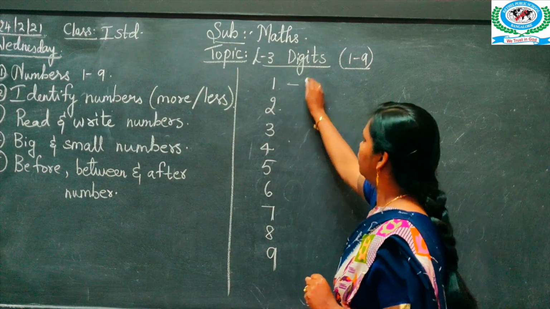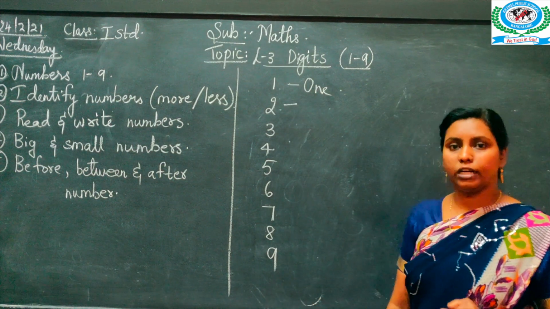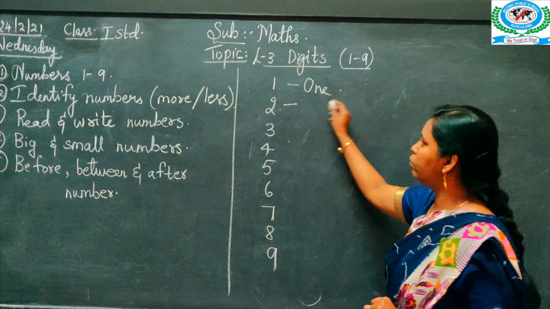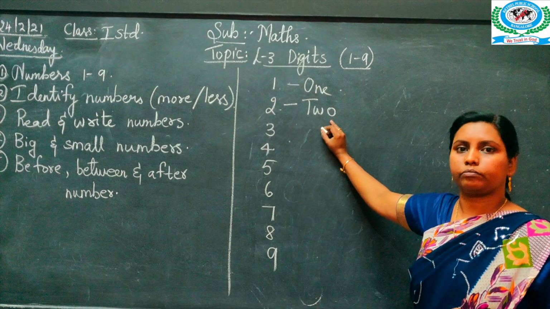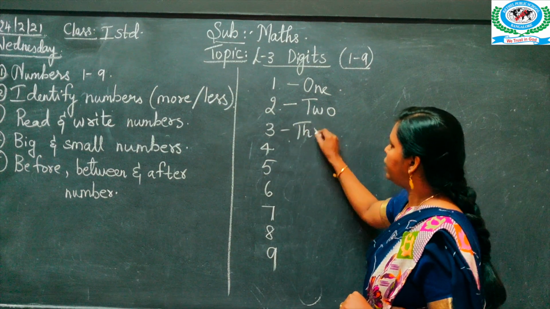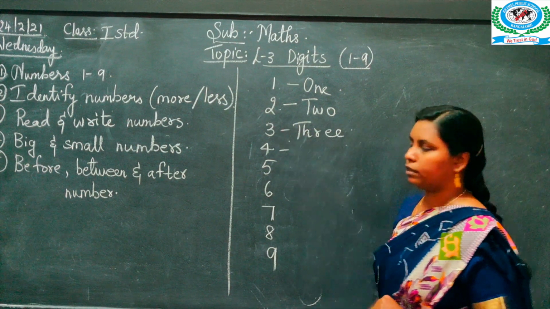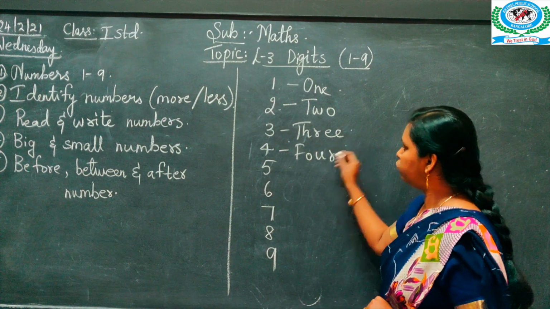This is ONE, 1. I am writing it in words. It is ONE, 1, and this is TWO, 2. This is THREE, 3. Similarly this is FOUR, 4.